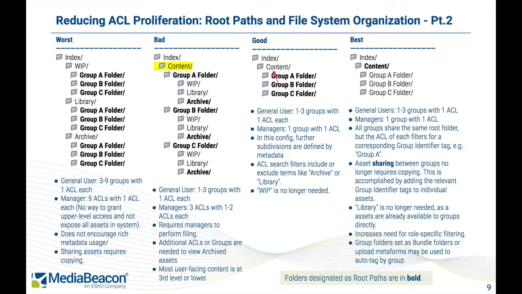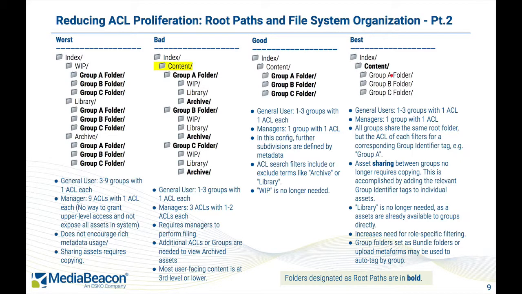One other thing that's still the case, though, is I still can't share very easily, and that's because of how we have our root paths. So the root paths are in bold here, so each group still has their ACL root path as a separate folder.